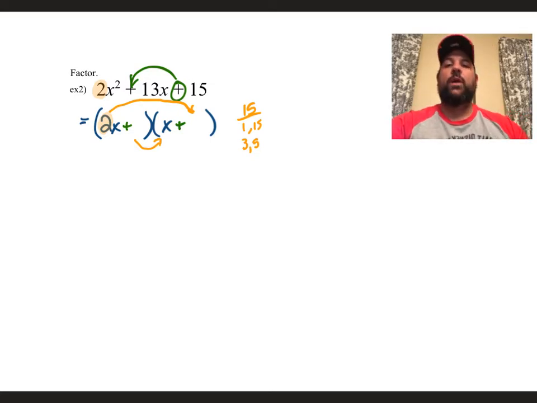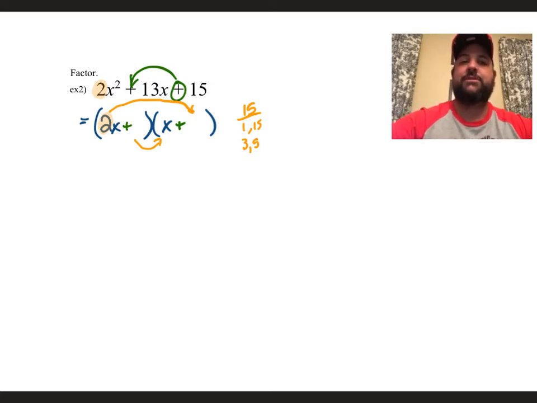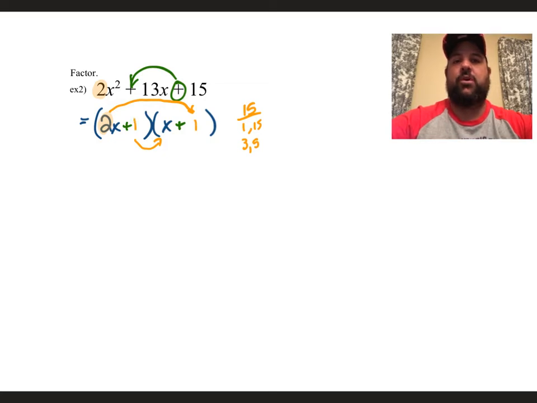So I want to know which pair of factors should I pick so that when I plug in the set and I multiply one of them by 2, then I'm going to be able to add the outside and inside to get 13. And this is where it's a little more guess and check. So maybe I tried the 1 and the 15, but I don't want the 2 to multiply to 15, so I put the 1 there.